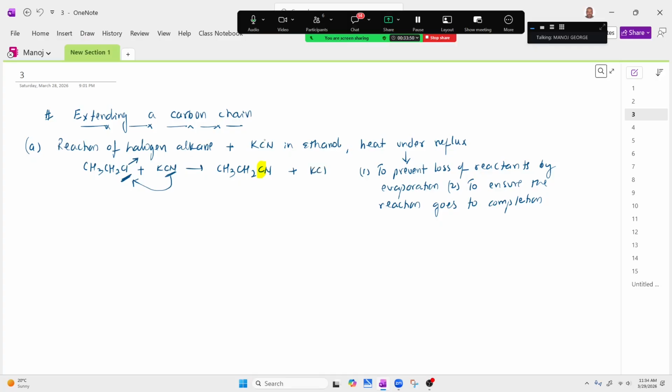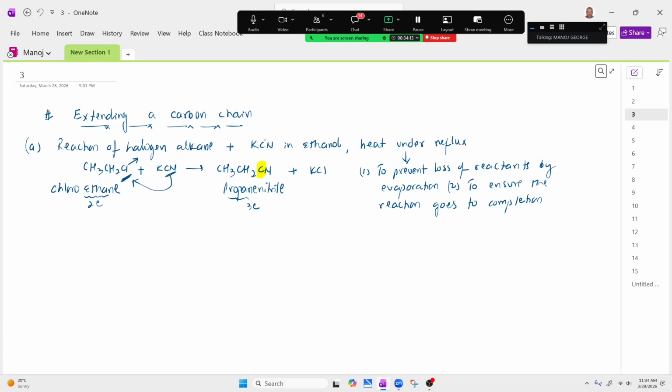So what's happening now is that this is chloroethane, and it had two carbons. Now I have propanenitrile, and propanenitrile has three carbons. You see, one carbon got increased. Is everyone okay with it?